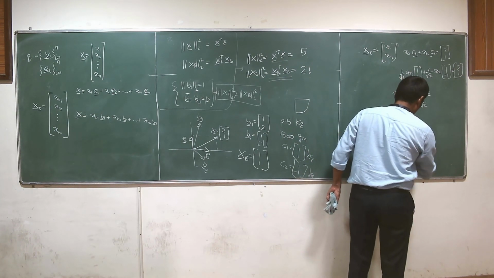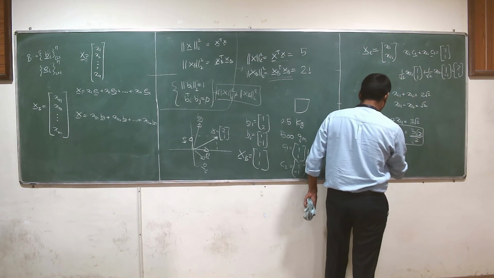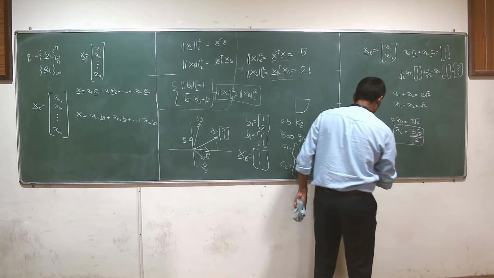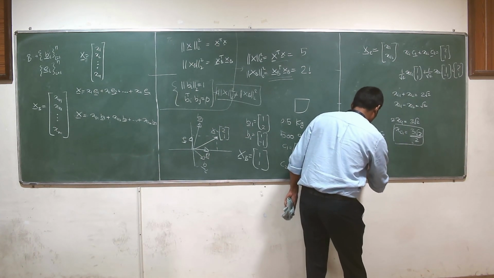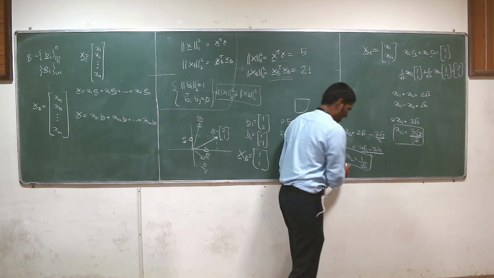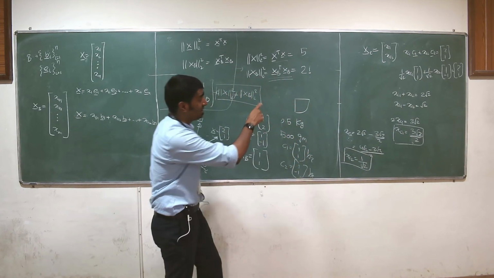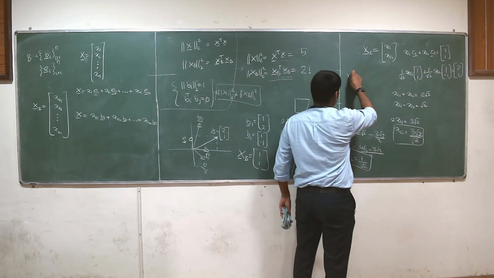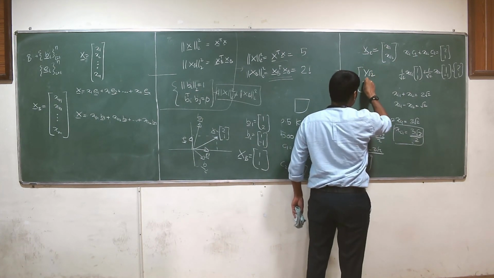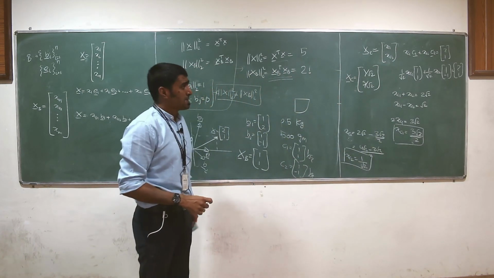I'm going to keep this to simplify things. So the representation of x in the C basis now is this: 3 by root 2, 1 by root 2.